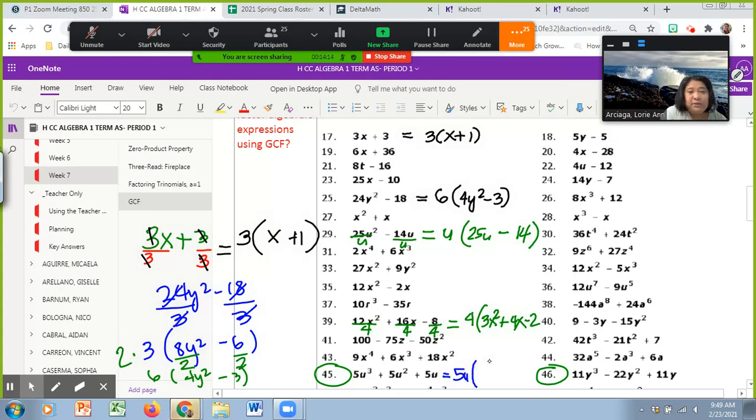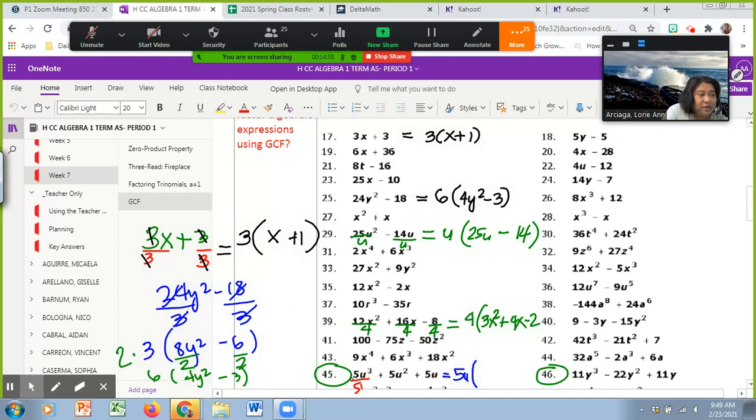Next, give me the answers. You're supposed to give me a trinomial inside the parentheses because there were 3 originally. So divide each one by 5u. What do you get for the first term?